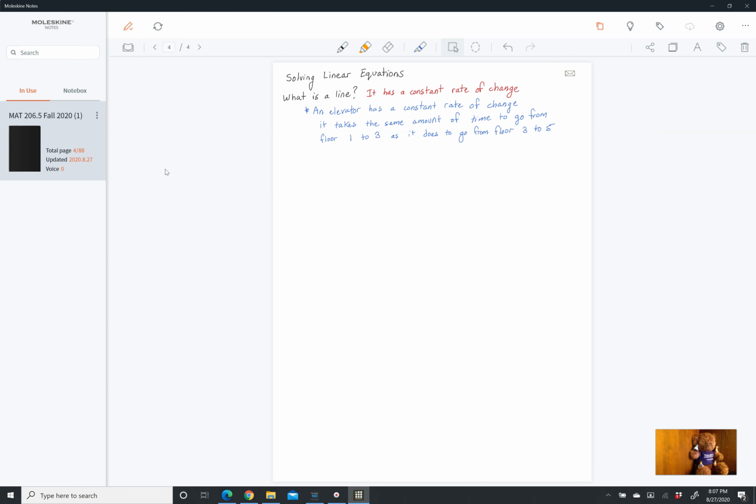So what is this change called? This change has a name. Again, some of you are familiar with it. It's called a slope. We're going to be spending a lot of time on slope when we talk about graphing linear functions. So it's a rate of change or a slope.